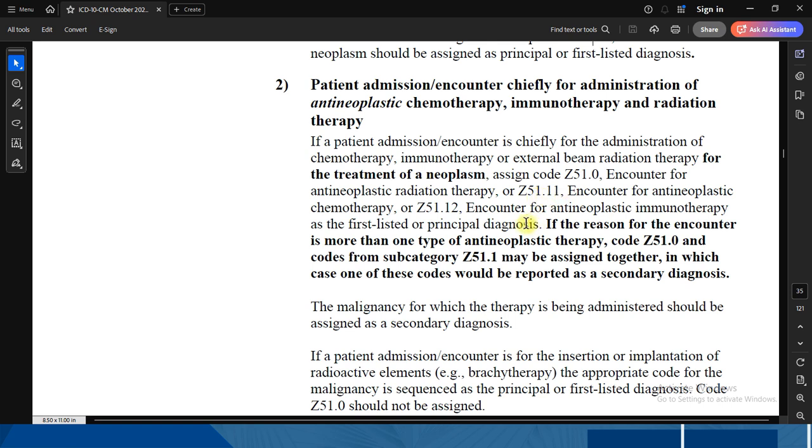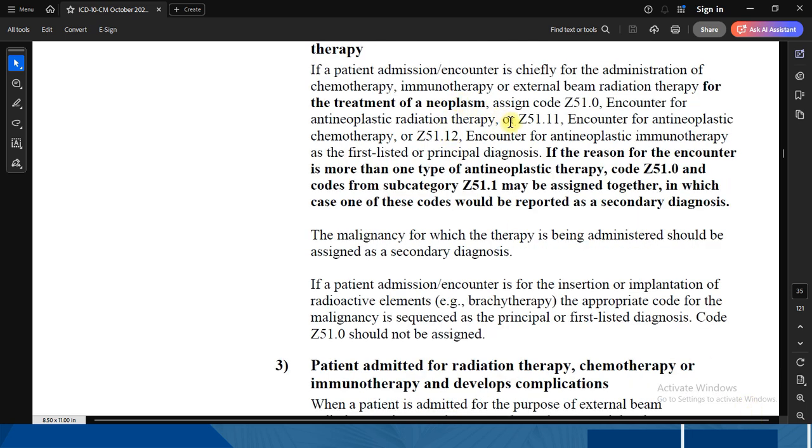And if the patient came in for immunotherapy because of breast cancer, we need to code Z51.12, and also we need to code breast cancer as secondary diagnosis along with the Z51 series. So what is most important here? First you will code the Z51 series code if the patient came in for any of these therapies, and as the secondary code you will code the breast neoplasm ICD-10-CM code.